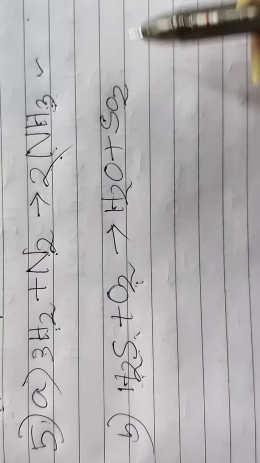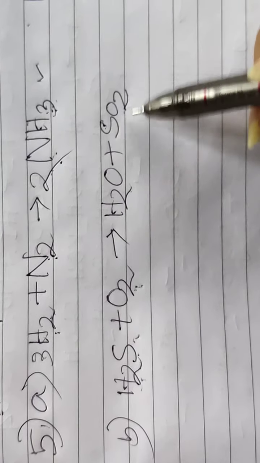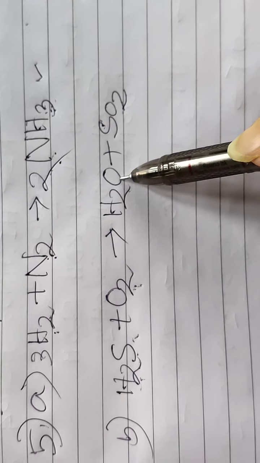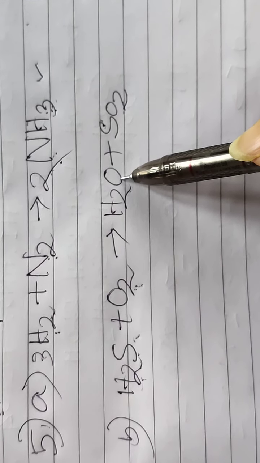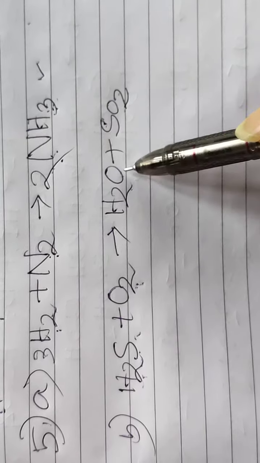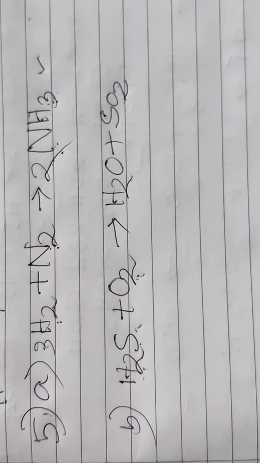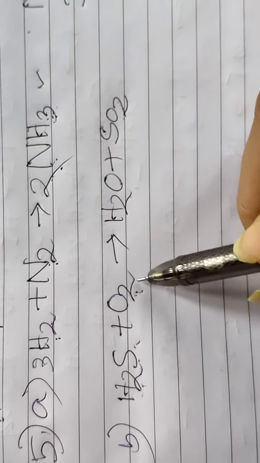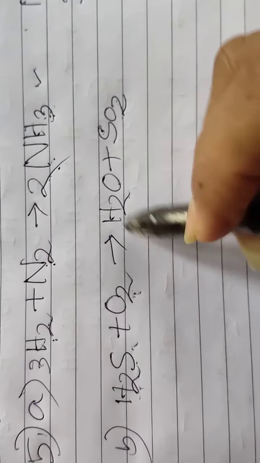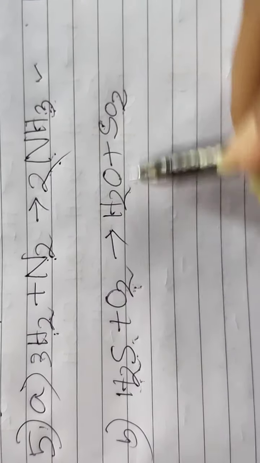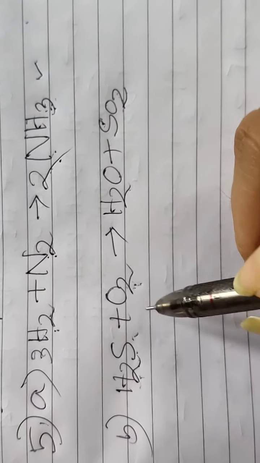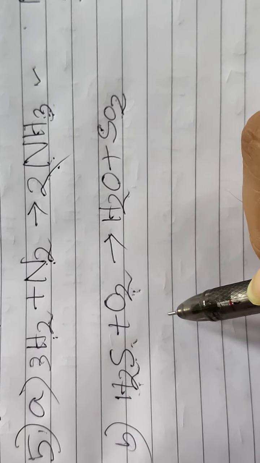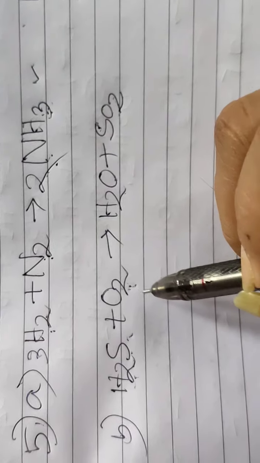Then let's see, the numbers of oxygen are 2 and 3. Whenever there is 2 and 3, we must turn them into 6. The number of oxygen should be balanced by giving 6 atoms.